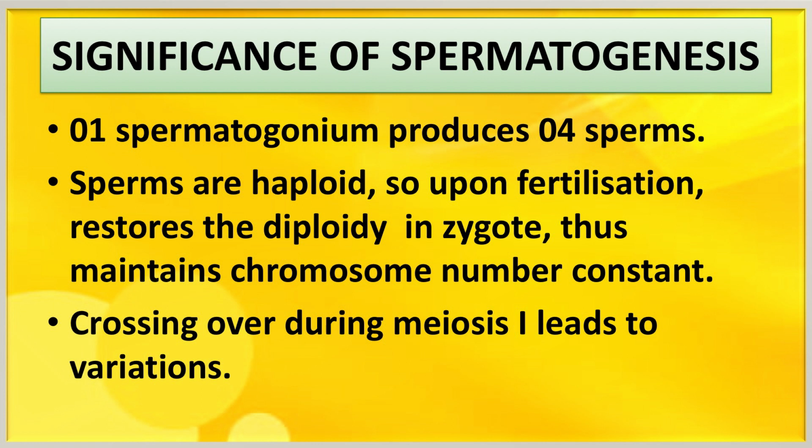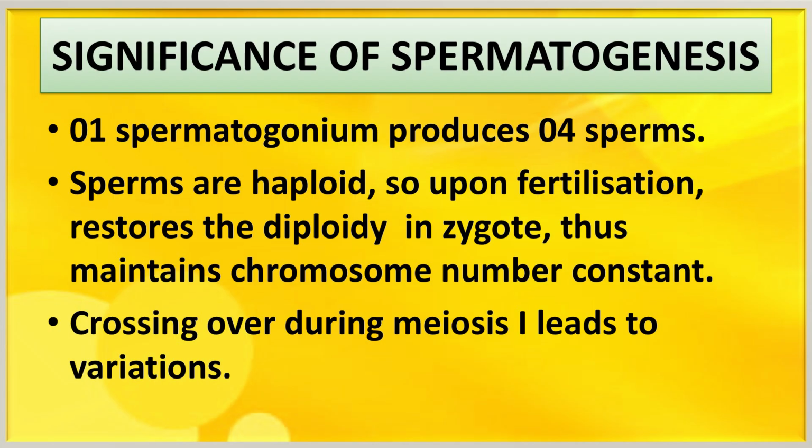What is the necessity of this particular process? One primary spermatogonial cell is being converted to haploid sperms. One spermatogonium produces 4 haploid sperms, and upon fertilization these haploid sperms form diploid zygotes.